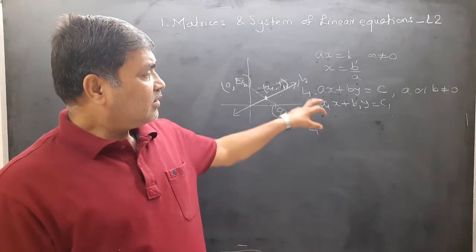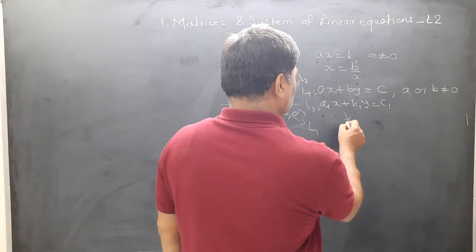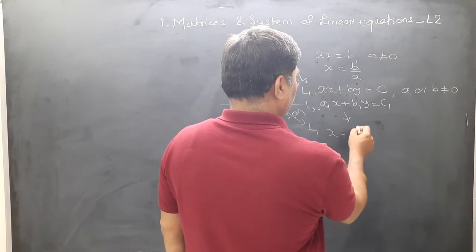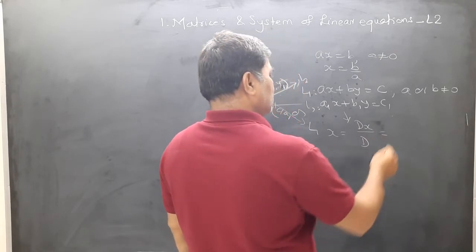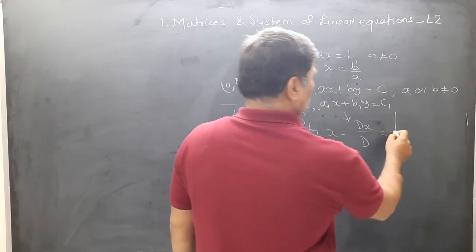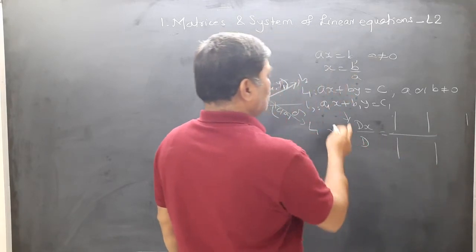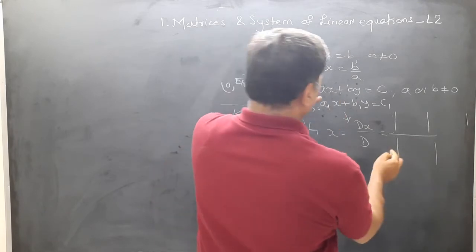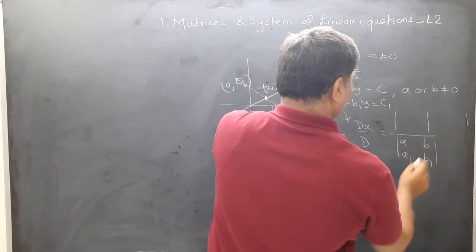Then you have studied Cramer's rule for this. In Cramer's rule, x is given by dx upon d. What is dx? It is the determinant of a matrix. The d matrix is the matrix of coefficients of variables: a, a1, b, b1.